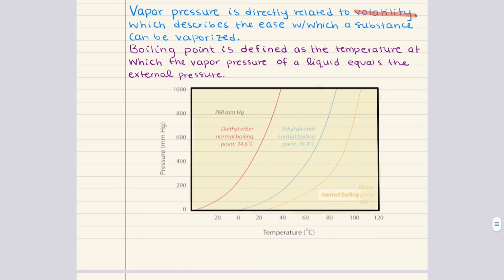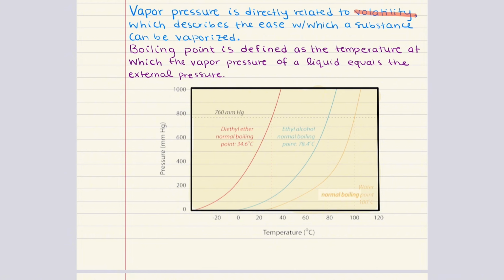The boiling point of a liquid is the temperature at which its vapor pressure equals the external pressure that's exerted on the liquid. So at this point, the molecules within the liquid have enough kinetic energy to overcome the intermolecular forces holding them together, allowing them to escape into the gas phase.